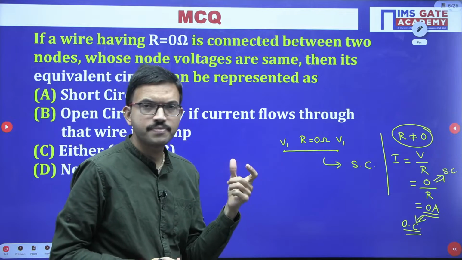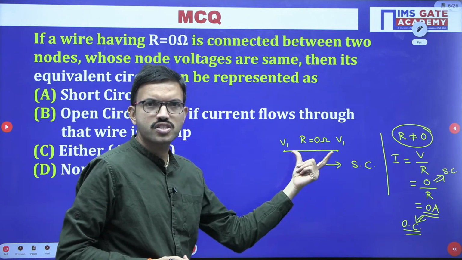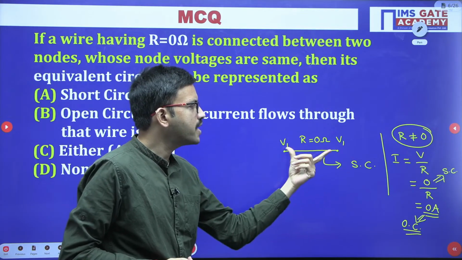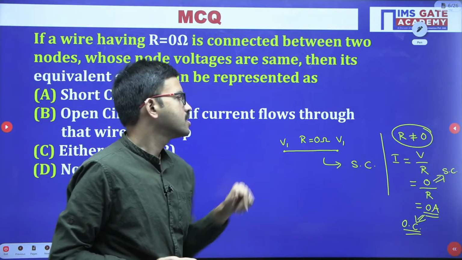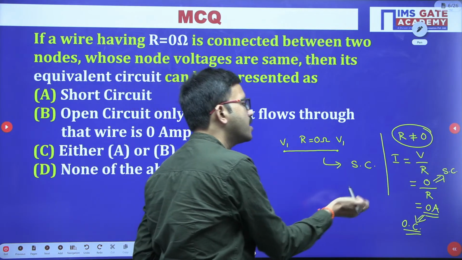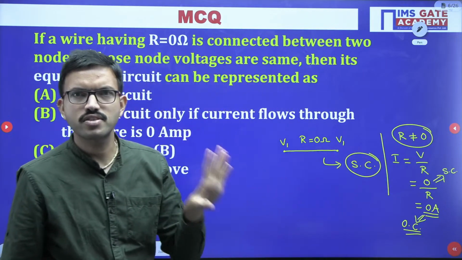But whenever you have two nodes with the same node voltages, and between the two nodes you connect one wire, since you are shorting these two nodes, the voltage is 0, and you can represent the equivalent circuit as short circuit.